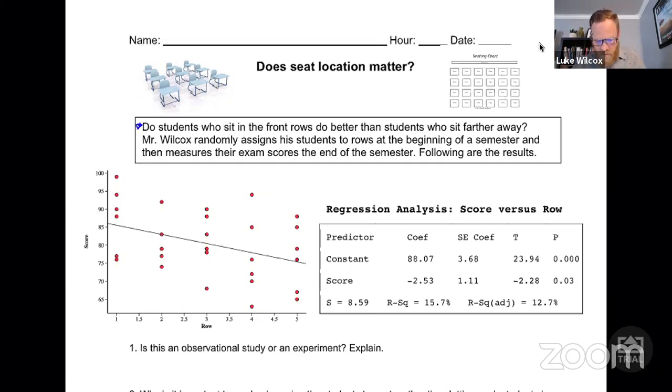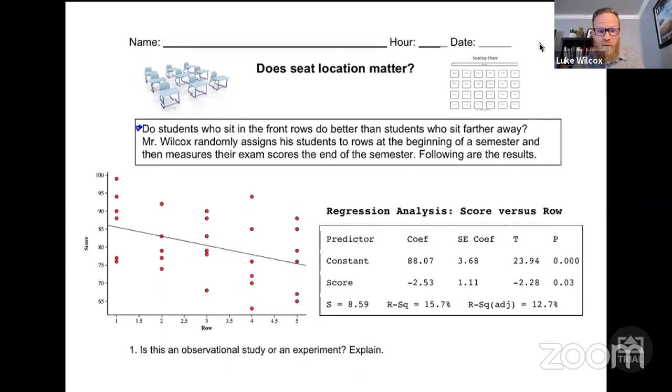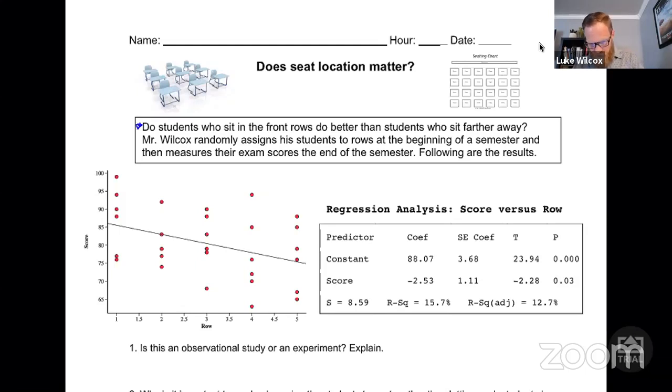Now, just to be clear about row number here. If you look at this little picture at the top, if this were the front of the room, then I'm thinking that the front rows are the best rows. That's going to be row 1. So I think that row 1 is going to be the best seat in the house, okay? And then we just count backwards from there. So, you know, this is row 2, this is row 3, and so on.